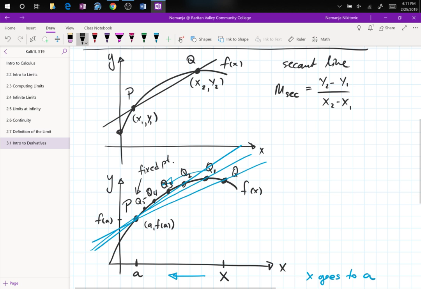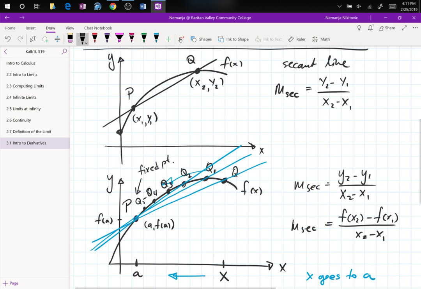So what do I have? I have that m secant is y2 minus y1 over x2 minus x1, but we know that the secant slope is f of x2 minus f of x1 over x2 minus x1.